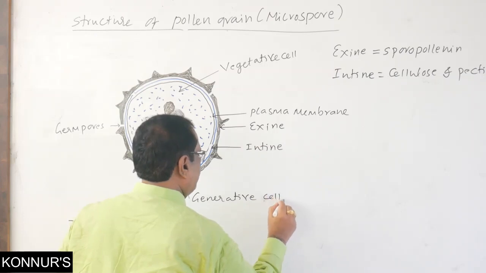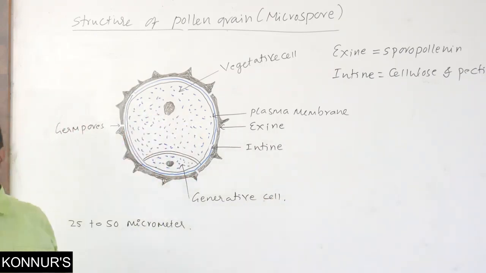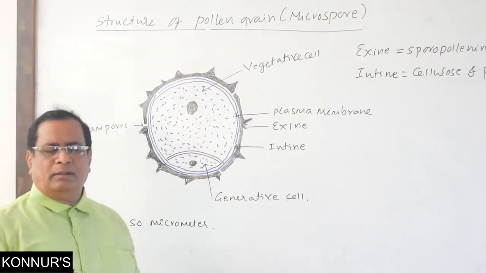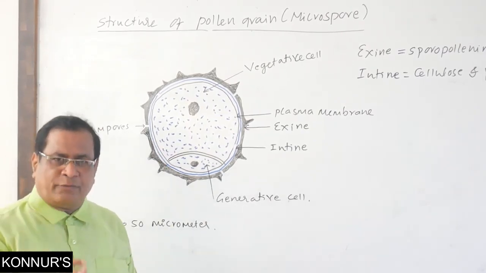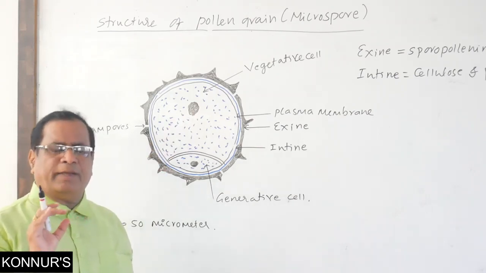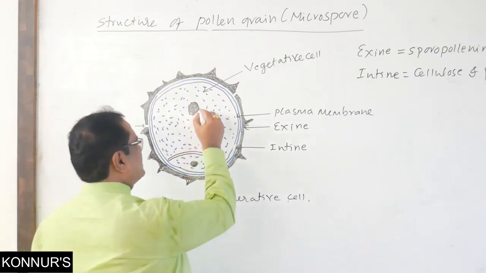The larger vegetative cell has dense cytoplasm, even reserved food, and a prominent, very large, irregularly shaped nucleus.